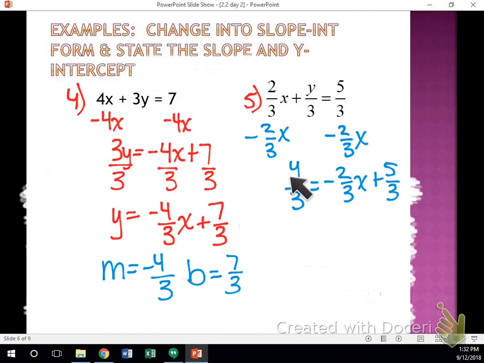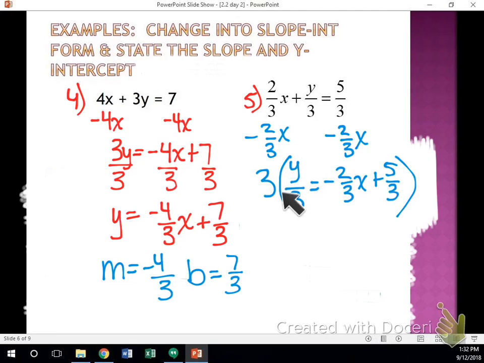Y is not by itself yet. What do I need to do? Multiply by 3. So I'm going to multiply every single piece of this by 3. If you want, you could just do like big parentheses around the whole thing. Everything's getting multiplied by 3. On this problem, that's convenient because what's it going to do?